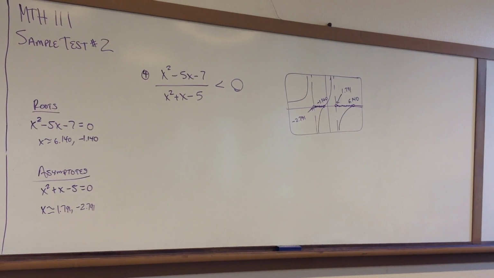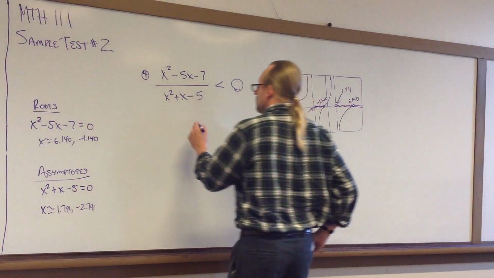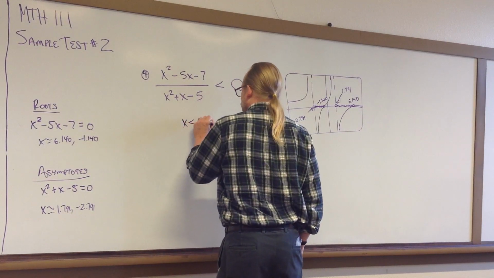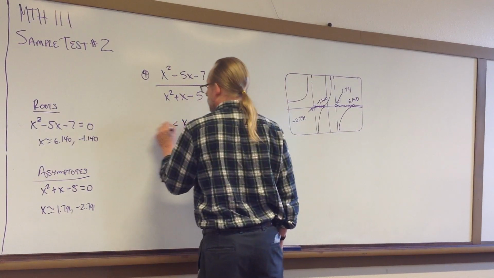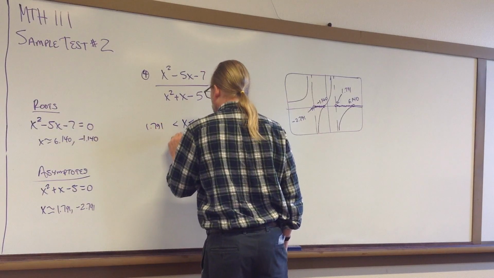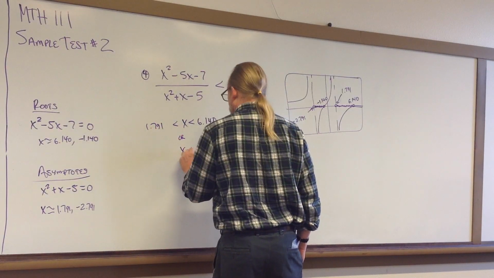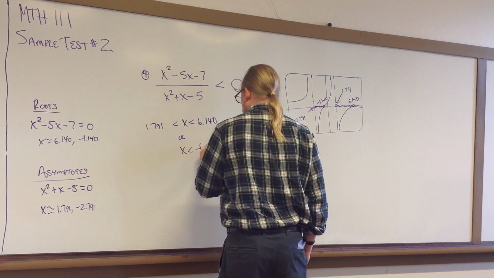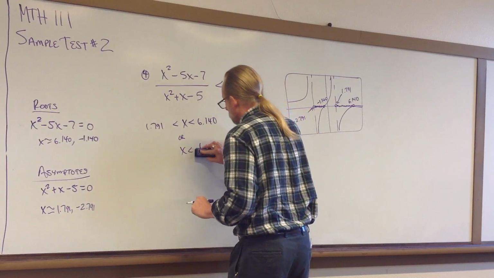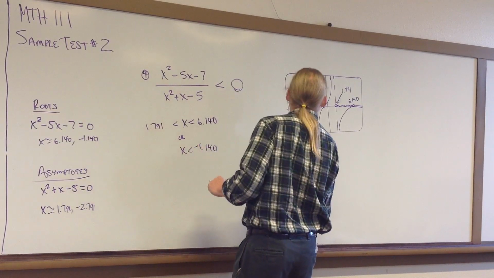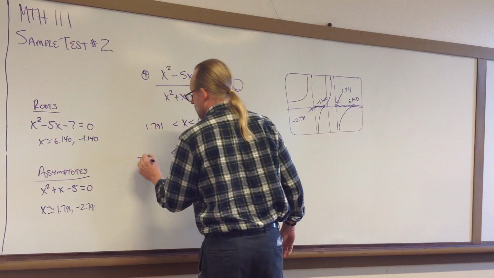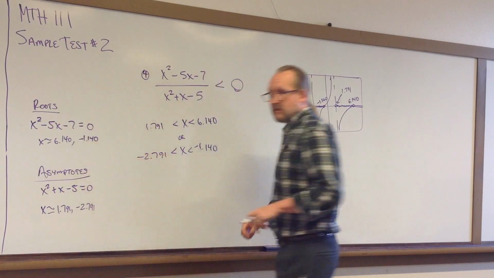Okay. So let's go ahead and represent these intervals then. This is x less than 6.140, but greater than 1.791, or x less than negative 1.140, that's a negative sign, but greater than negative 2.791.